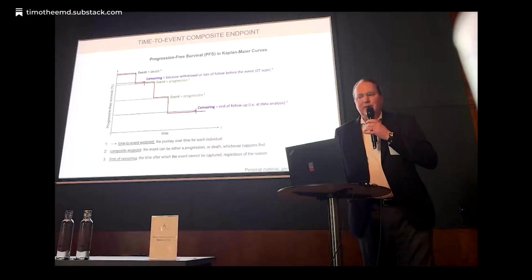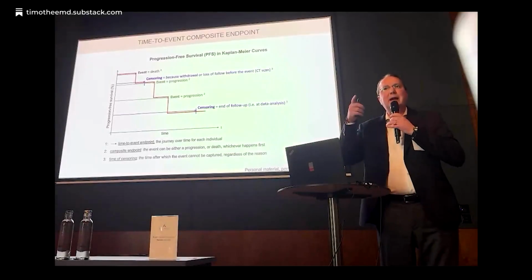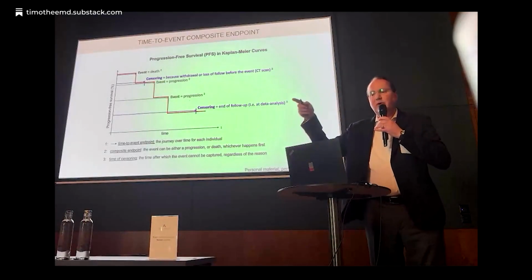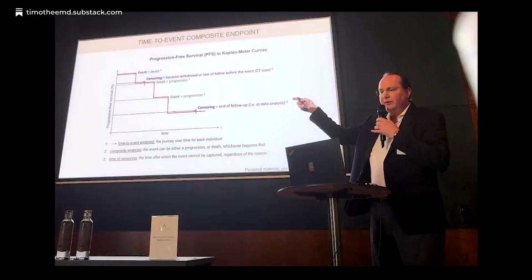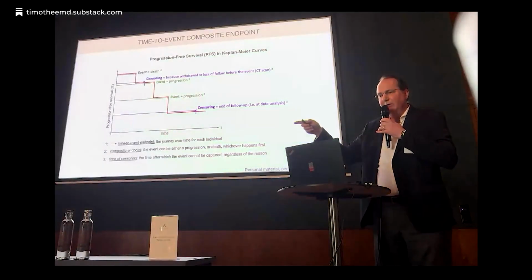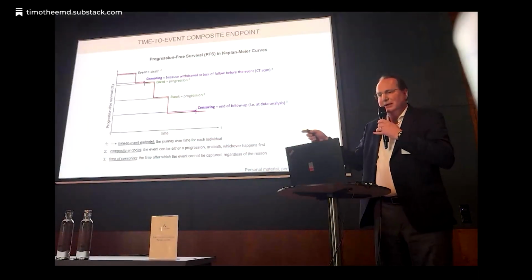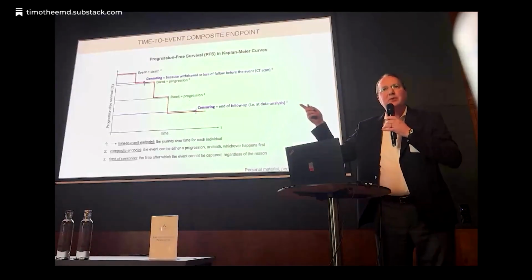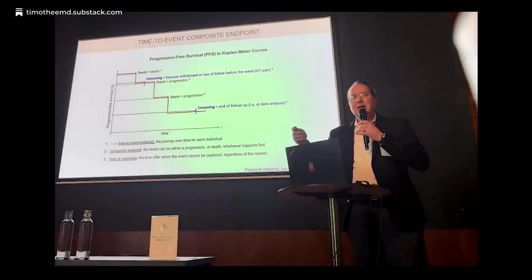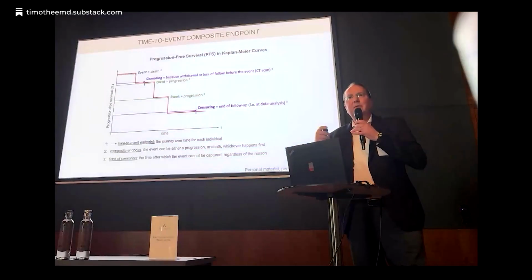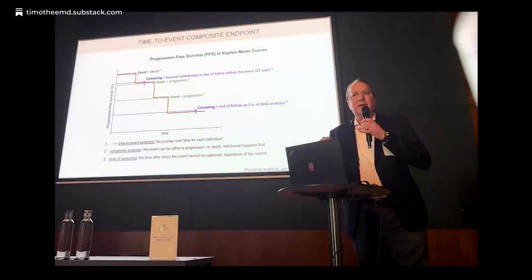Also, it's a time-to-event composite endpoint, meaning that the time when the event occurs will shape the curve. If the event occurs after two months, it will make a first step, and you see the example. And the other thing that is important is censoring. Censoring is the time for a patient after which you cannot recapture the event. In general, there is administrative censoring.